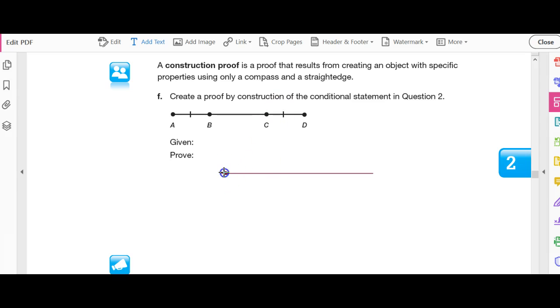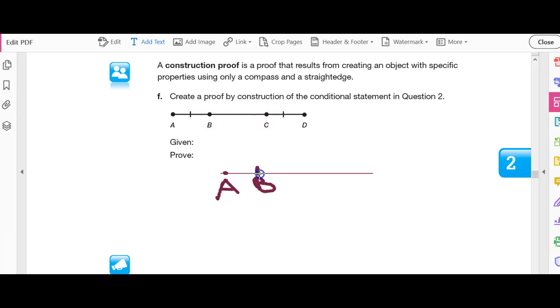So if this is point A, right, and then I would measure point B. So there's B. So I'm going to duplicate that right here. So there's AB. And then I'm going to measure with my compass, set my radius to the same as BC.